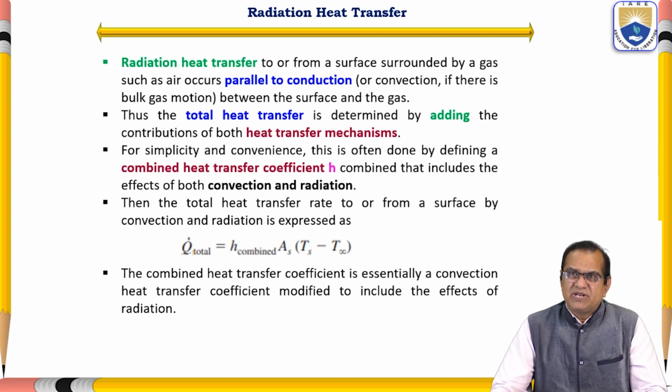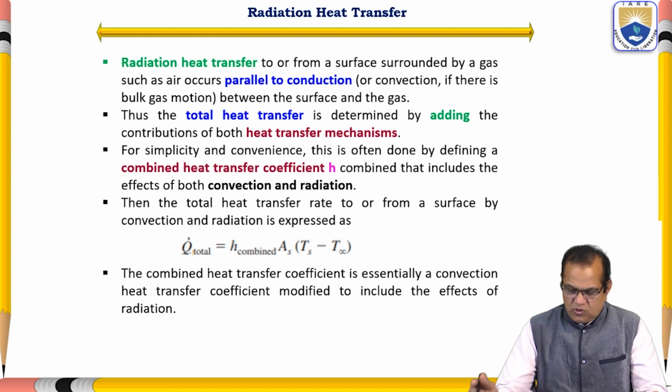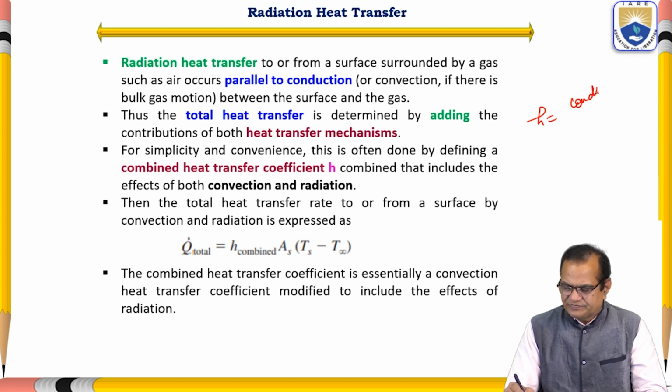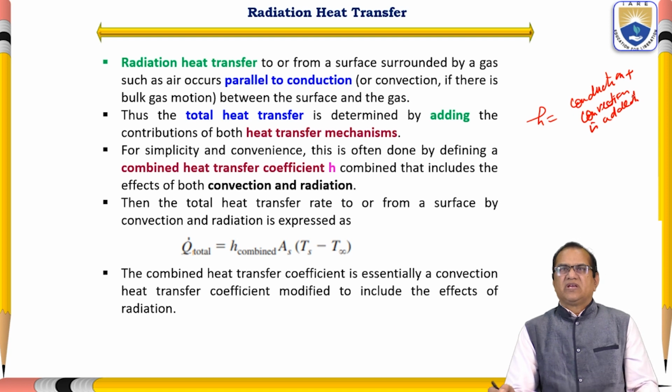For simplicity and convenience, this is often done by defining a combined heat transfer coefficient, h combined, that includes the effect of both convection and radiation. So we have to take h because in this, conduction plus convection is added.